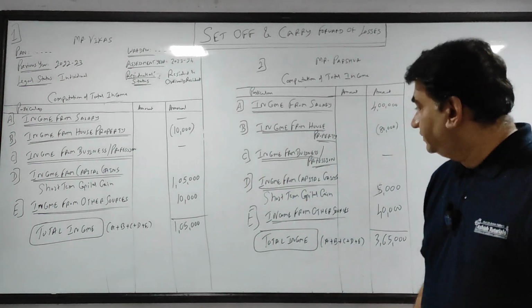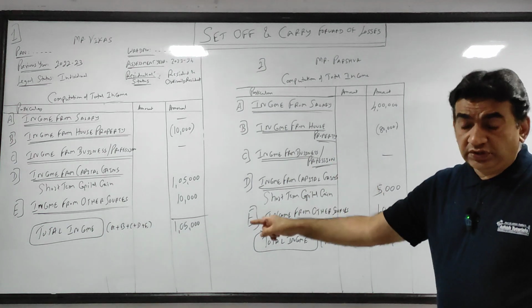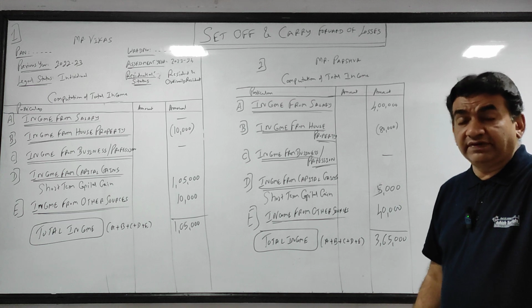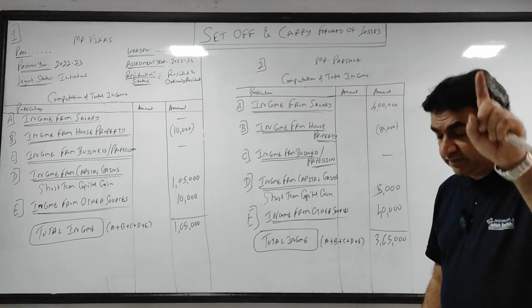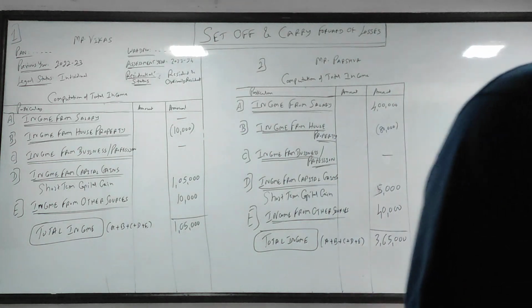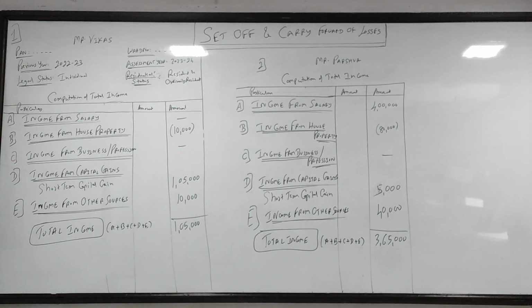Okay, and now don't forget the note, that is long-term capital loss of 1,50,000. Similar to the previous sum. Look, same note, write down.